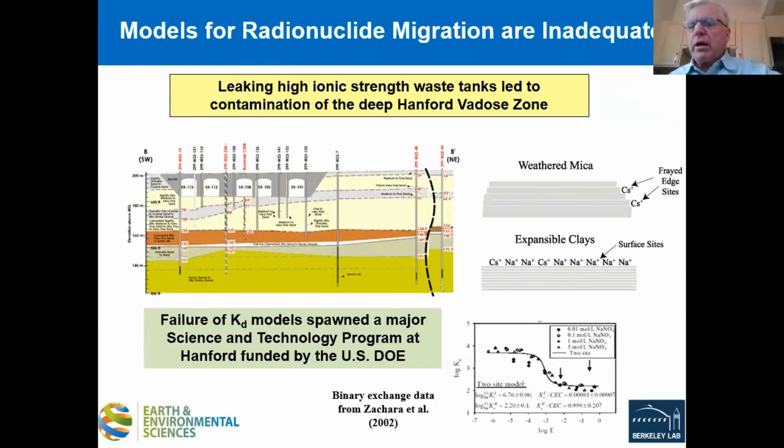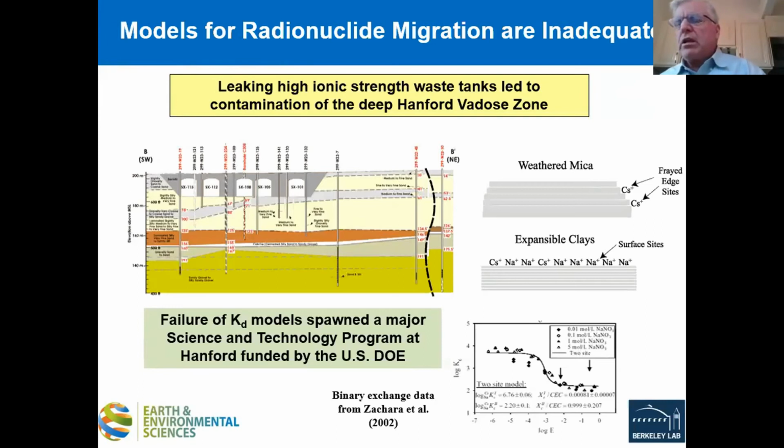So, as shown by the binary exchange data from Zachara et al. in 2002, you have a conditional selectivity coefficient, which is a cation exchange concept, but it's like an equilibrium constant. You can see that as you load it up with more and more cesium, the data shows that you're switching from one selectivity coefficient, very strong, that's the so-called frayed edge site, to a lower, although still substantial, selectivity coefficient. So we've got two sites.